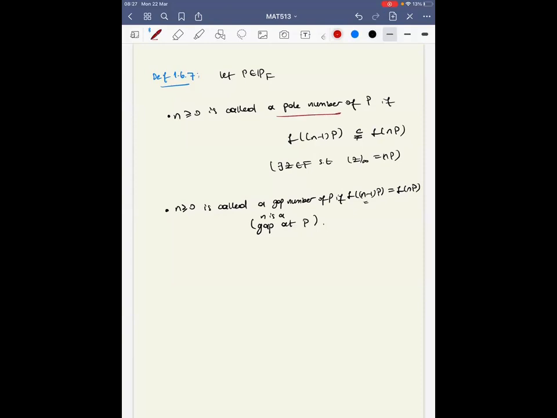For the pole numbers, let me give an observation.